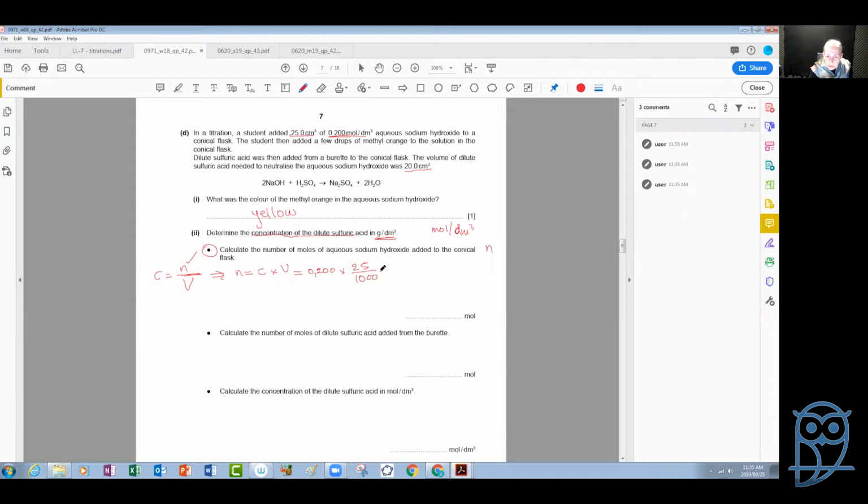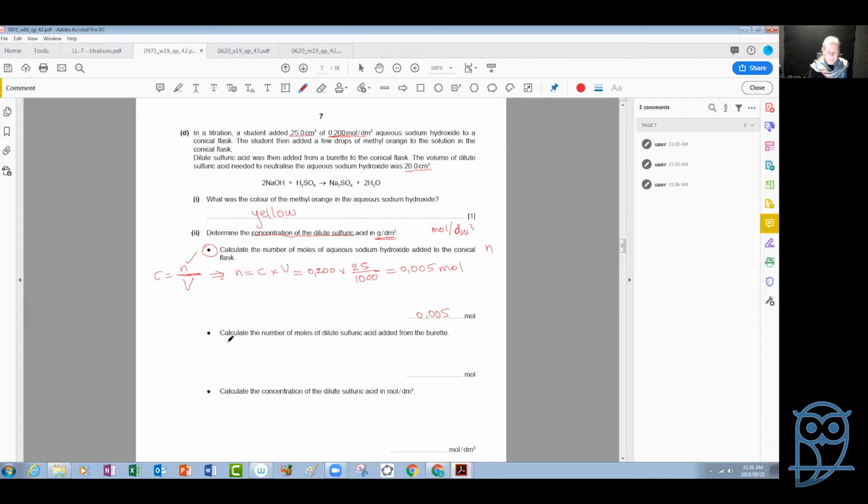Okay, so now we would just have to do the calculations. And what do we find here? We find 0,005 moles. So in the conical flask, we actually have 0,005 moles of sodium hydroxide. All right.